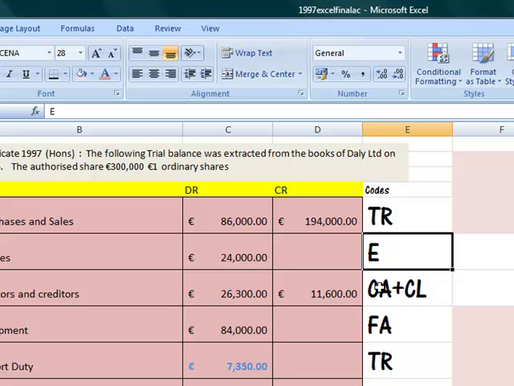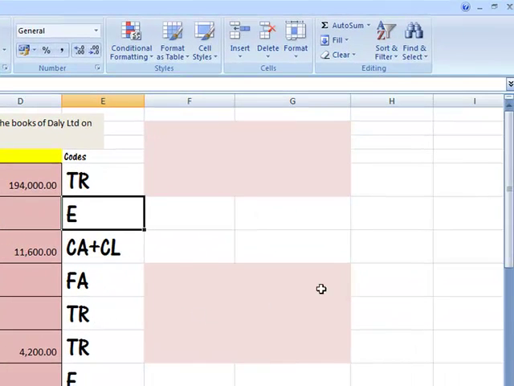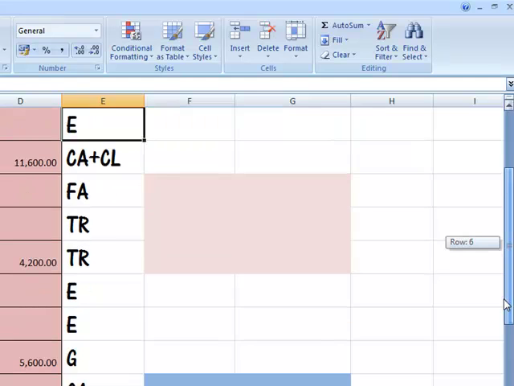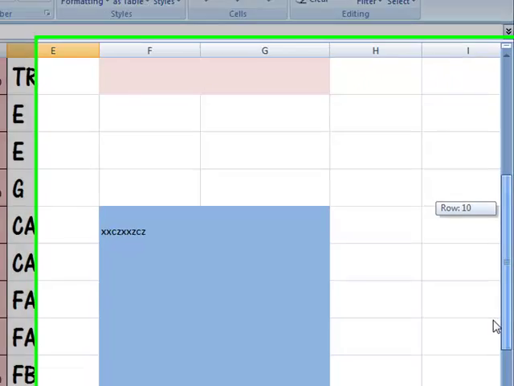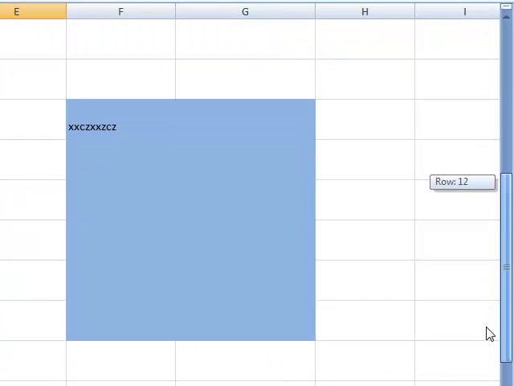E stands for expense, C&A stands for current assets, C&L stands for current liability, FA is fixed asset, TR is trading account. And we go down along expenses. G is a gain, that's just simply a figure added onto the gross profit. CA, and we got financed by, etc.